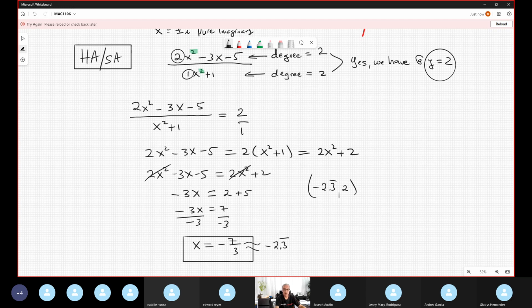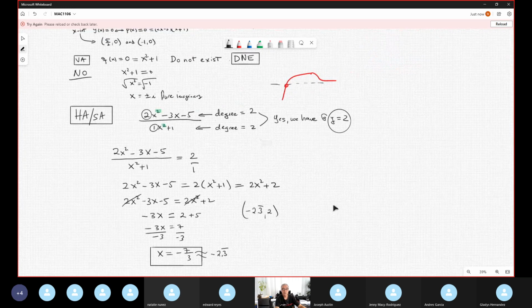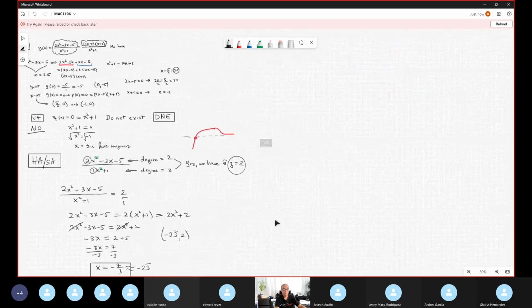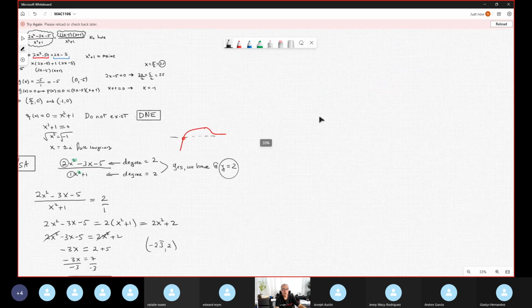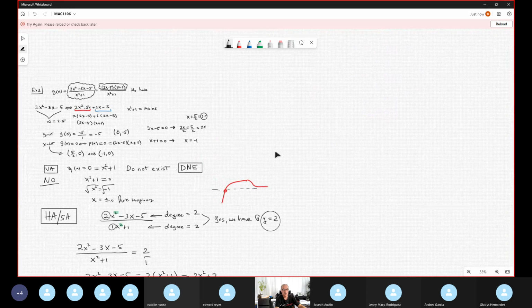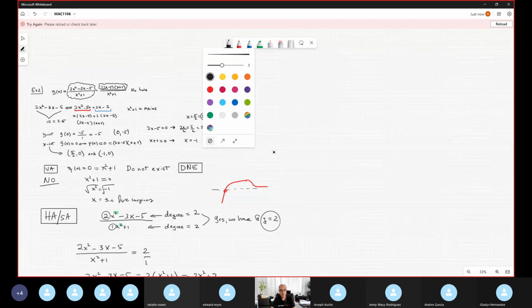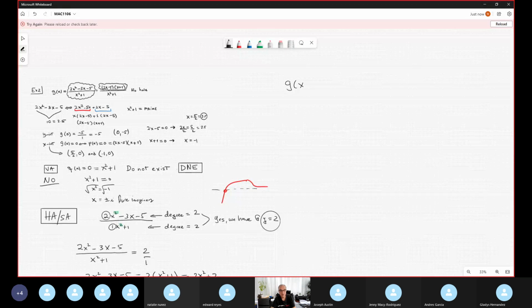Let me try to investigate the symmetry. When you have practice, you can investigate the symmetry very fast. Let me copy my function again.